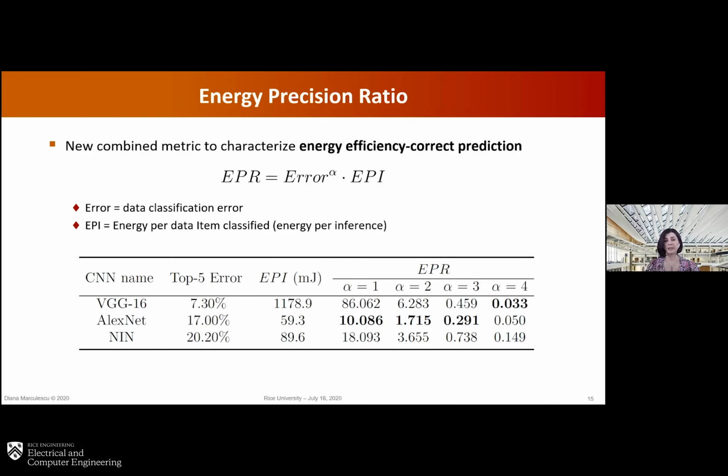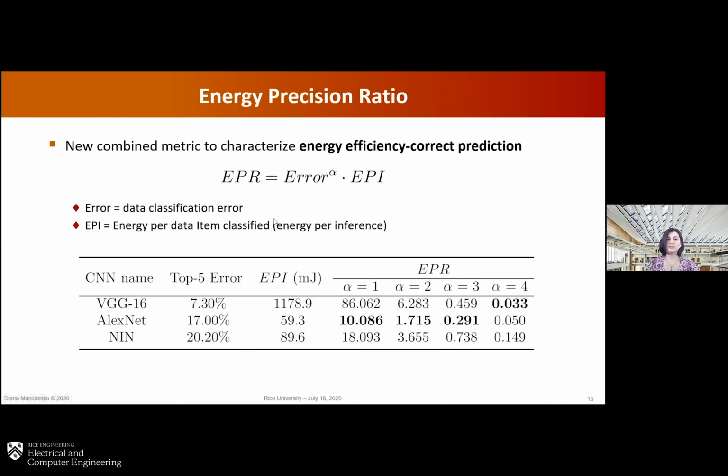Typically, we look at energy delay product as a trade-off, right? On one hand, you want to minimize energy, but you also would like to minimize delay, but they are competing with each other. So typically, smaller models might have better energy efficiency, but they may not be as good in terms of inference accuracy. So this is why it makes sense to look at some sort of trade-off, an energy precision ratio, so to speak.